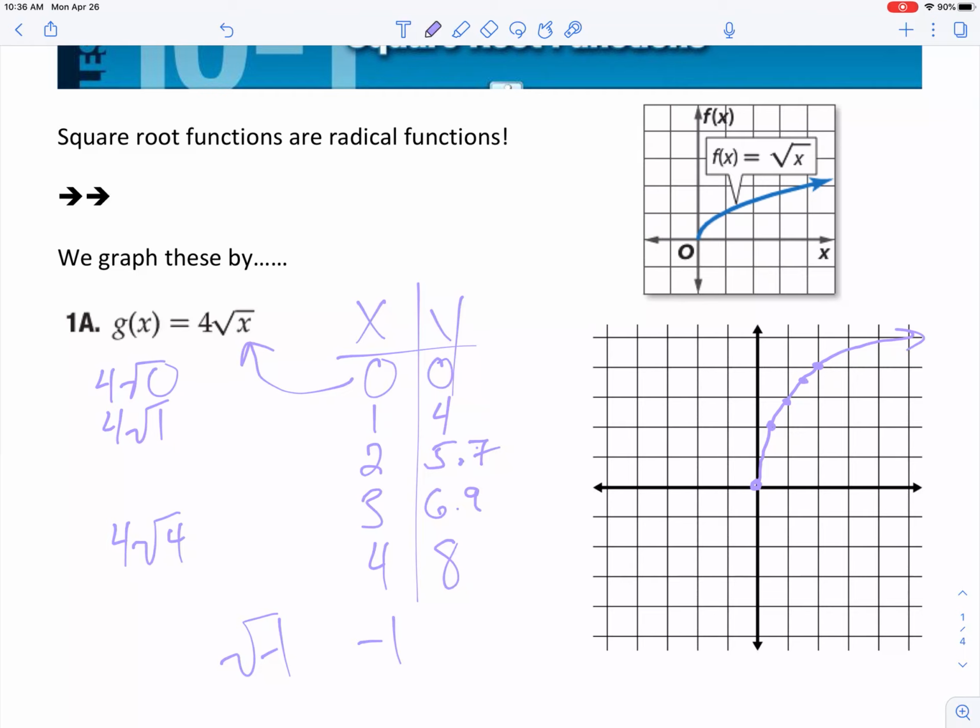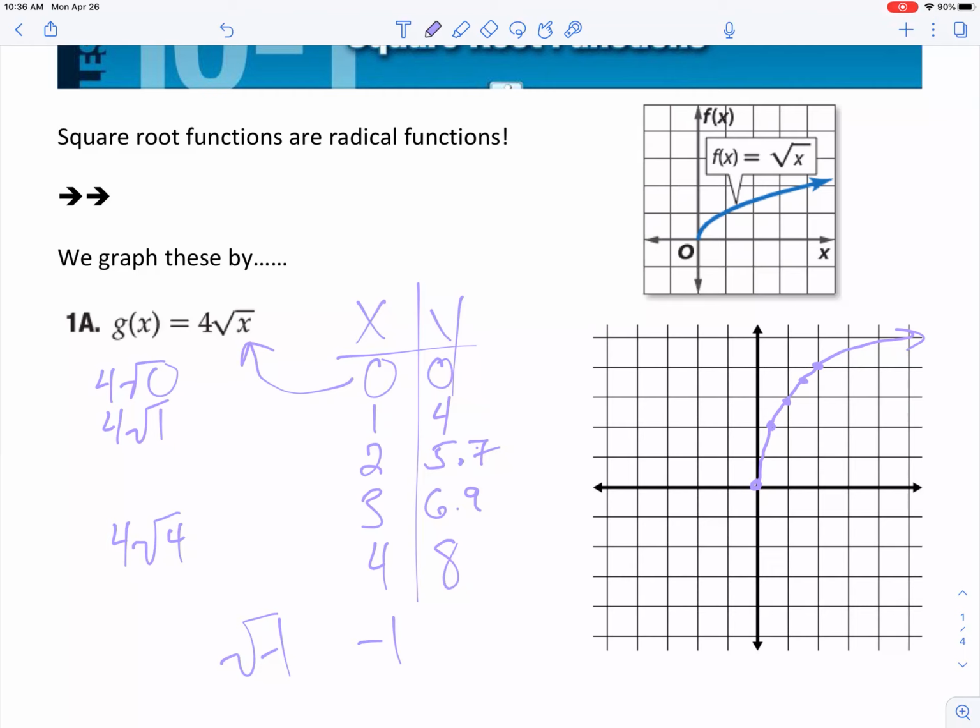The reason being, remember, a square root is asking what number times itself gives you that. Well, if you have a negative number, a negative times a negative is always going to give you a positive. And a positive times a positive is always going to give you a positive. There is no way to get a negative without having a positive times a negative.